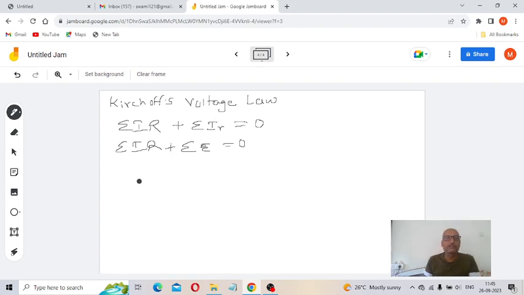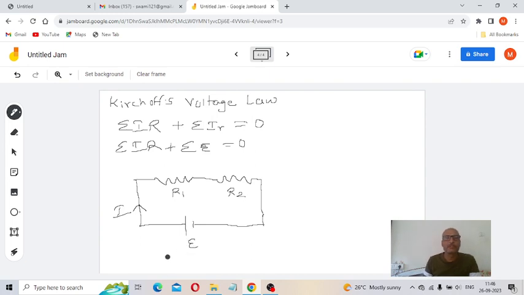First we take one simple circuit. This is a series circuit, so the current will remain the same.